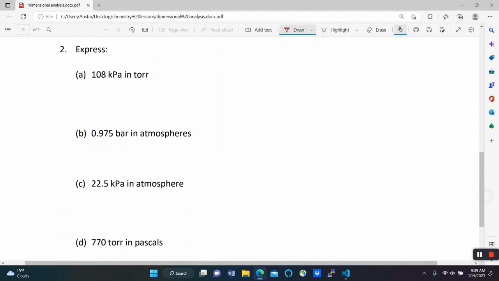And all of these unit conversions deal with measurements of pressure. The first example asks us to express 108 kilopascals in terms of torr. So I've already gone ahead and gotten the conversion factor for this. 760 torr is equal to 101.325 kilopascals.